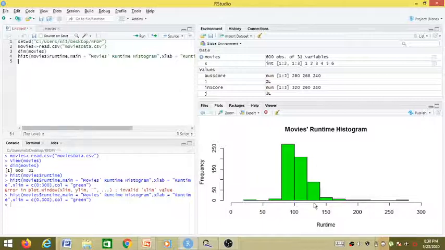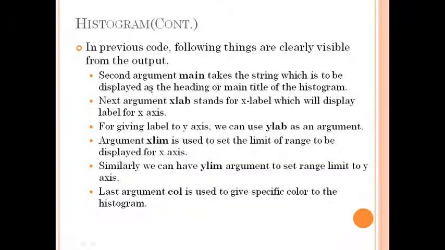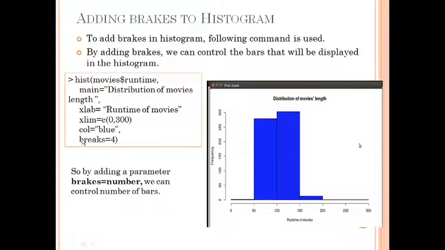So unnecessarily this histogram with those outliers will expand. So if you want to limit the expanse of this histogram, we can use breaks as a parameter.